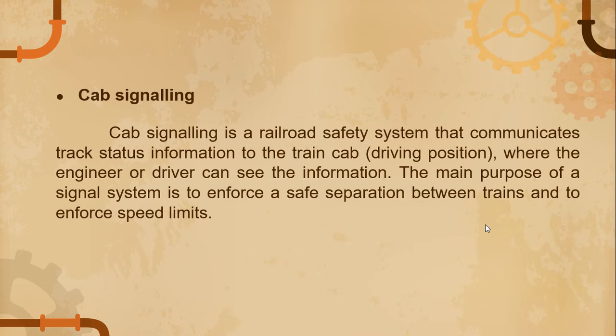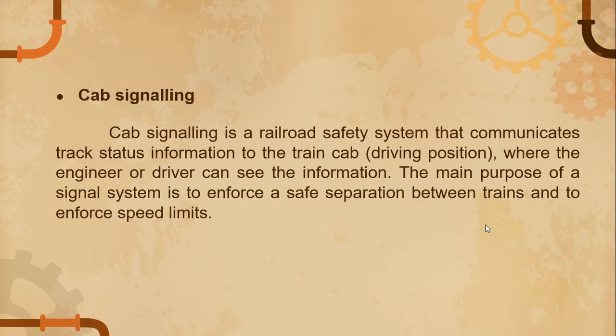On to our next bullet, the cab signaling. Cab signaling is a railroad safety system that communicates track status information to the train cab or the driving position, where the engineer or driver can see the information. The main purpose of a signal system is to enforce a safe separation between trains and to enforce speed limits.